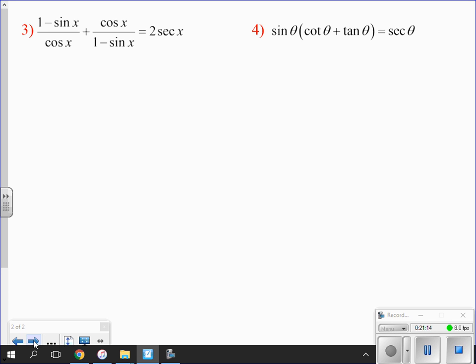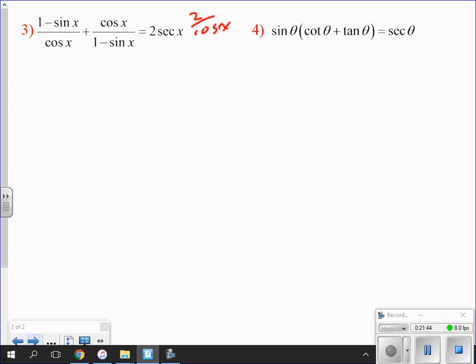The secant is 1 over the cosine, so this is 2 over the cosine. So if I work the other equation to get 2 over cosine, I'm good, because if I were working the right-hand side, that would be my first step to do this. And then how do I get from 2 over the cosine to this nasty thing? That'd be really, really hard to do. Okay, I wouldn't want to try it.